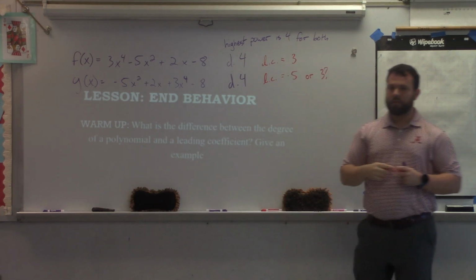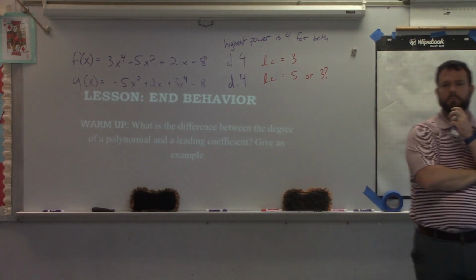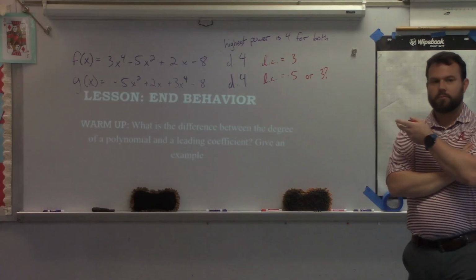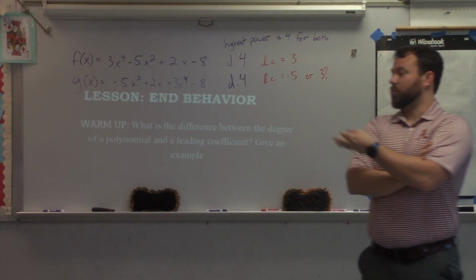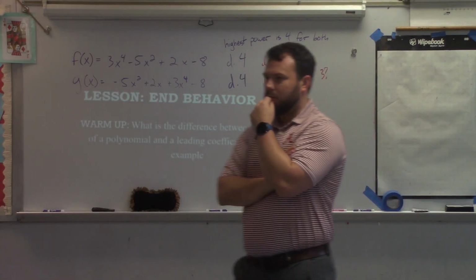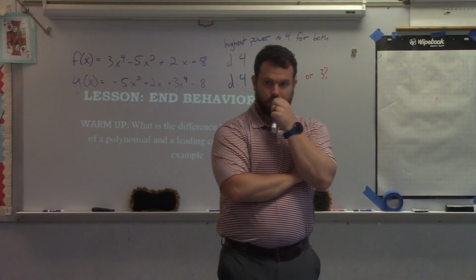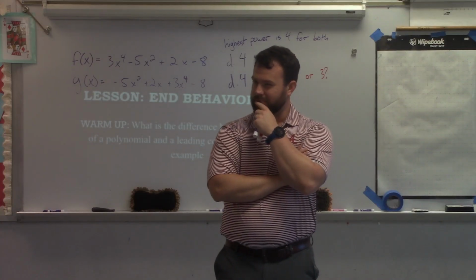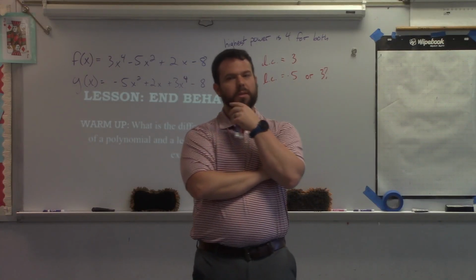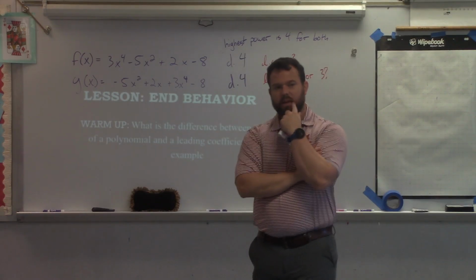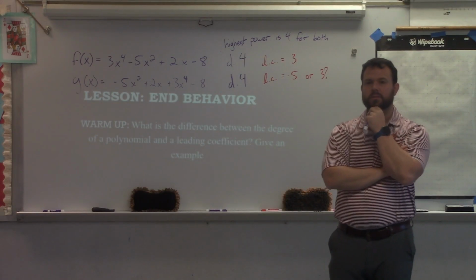So, first off, what do you think we mean by leading coefficient? The first one. So, something that's leading is what's first, right? What do we mean by coefficient? Co does mean with, but it's more than just that with mathematics. Coefficient.